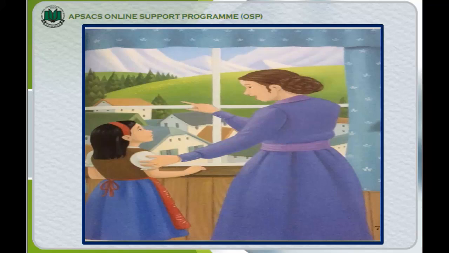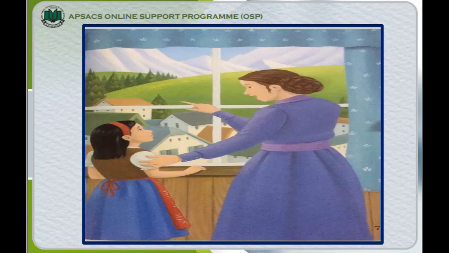Okay students, so now look at the picture here. What do you see in this picture? Here we can see a little girl. What is her name? Yes, that's Heidi. Her name is Heidi and she is standing with a woman. Do we know her?